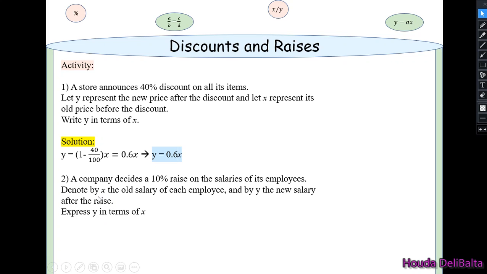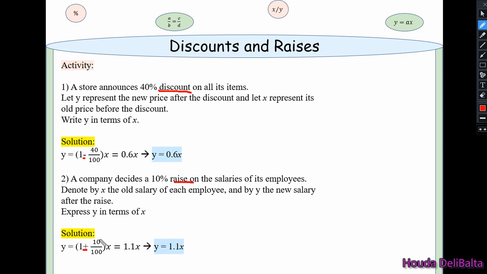Let's think a little bit. It's going to be like this, but there's something a little different. What is it? Let's see. We have to write Y equals 1 plus 10 over 100. Notice here it was minus because there is a discount. So a discount means a minus sign, a raise means a plus sign.